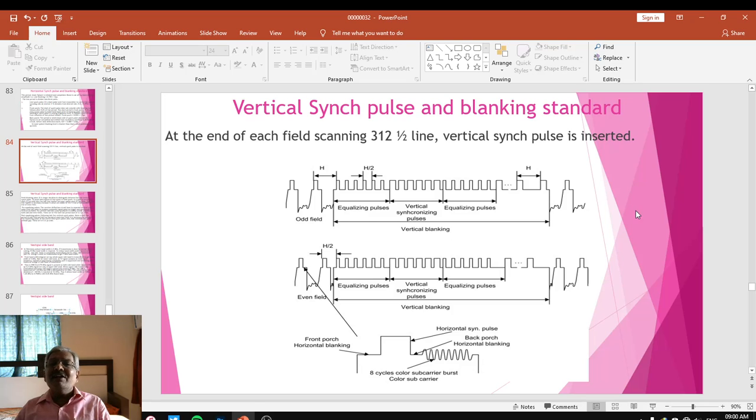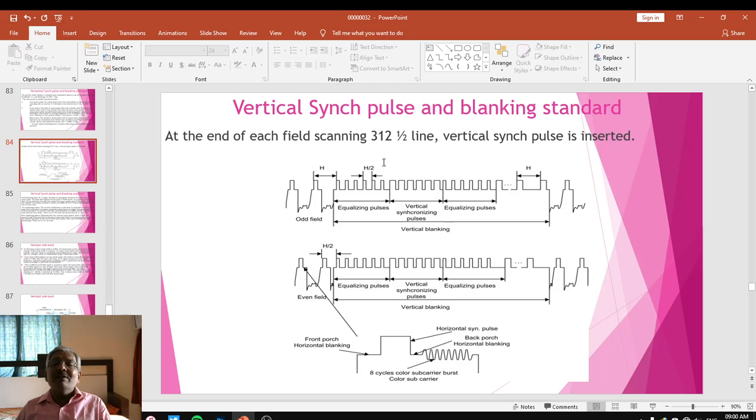These pulses are known as vertical sync pulse and also the blanking pulses. They have their own standards. Those standards we are going to study. Their role is to blank the screen during the vertical retrace period and also to synchronize the vertical scanning which is scanned in the camera, same as to be scanned on the television screen.